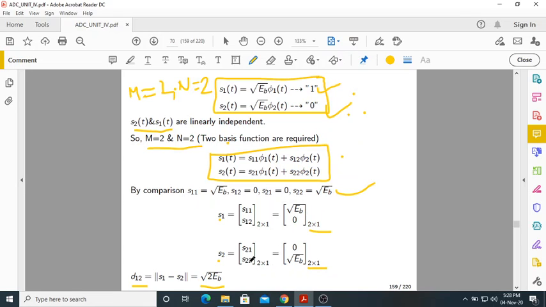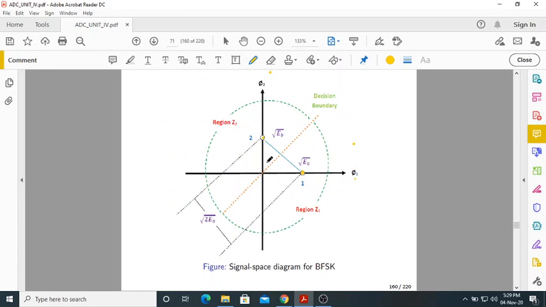What is another signal vector? 0, root Eb. Where does it lie? It lies exactly on the phi 2 axis. This is the second message point, 0, root Eb. Now this is the distance between these two signal vectors. How much is that? You just try to find out by using Pythagoras theorem.